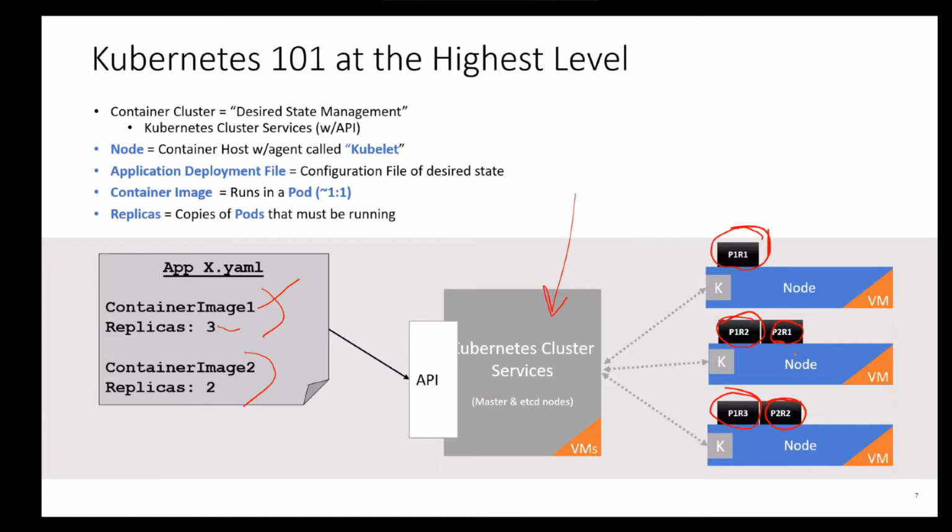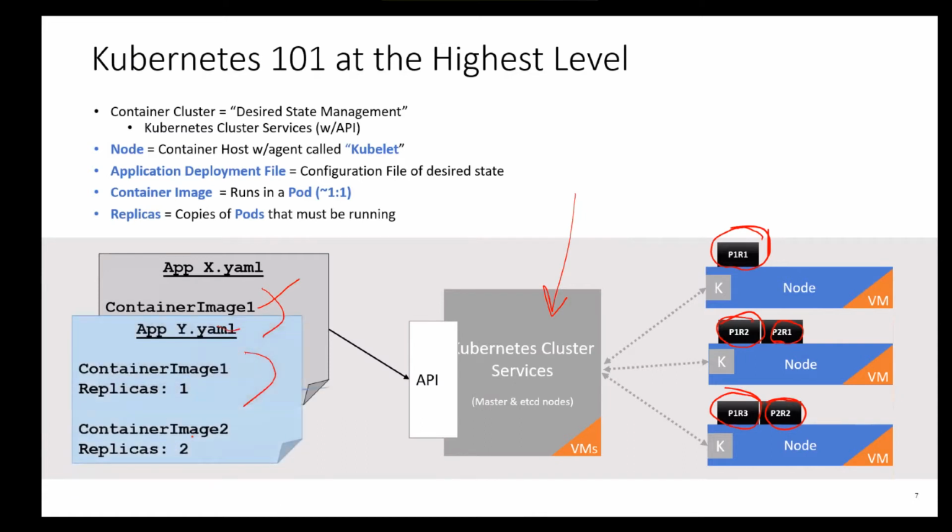Now, what else is Kubernetes doing here? This orchestration could continue on and you're deploying application Y. And maybe application Y only has 1 replica in this case and 2 replicas here. You can see here is pod 2 replica 1.